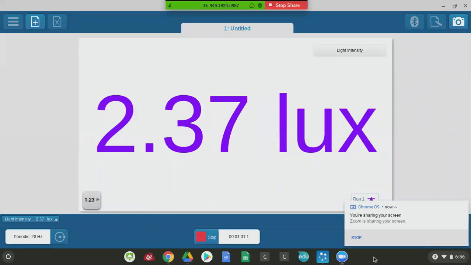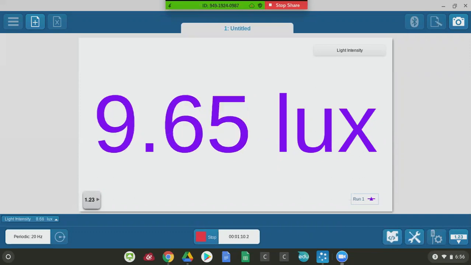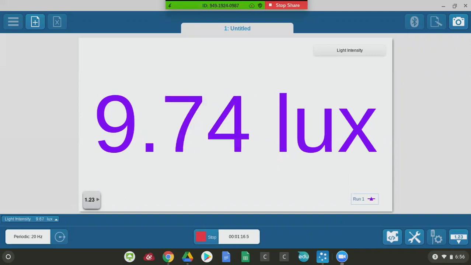Okay, so again, that's at 90 degrees. So let's go to 105. Okay, much more stable now for whatever reason. Now let's go to 120.